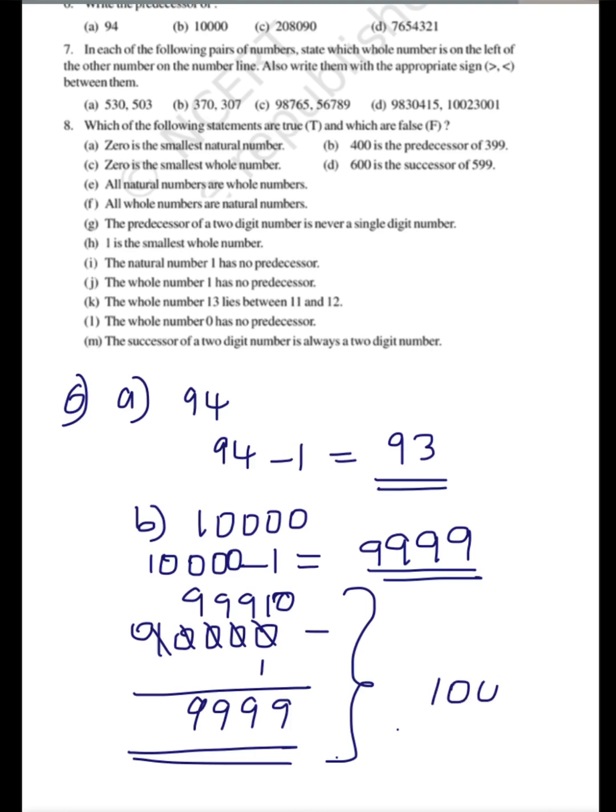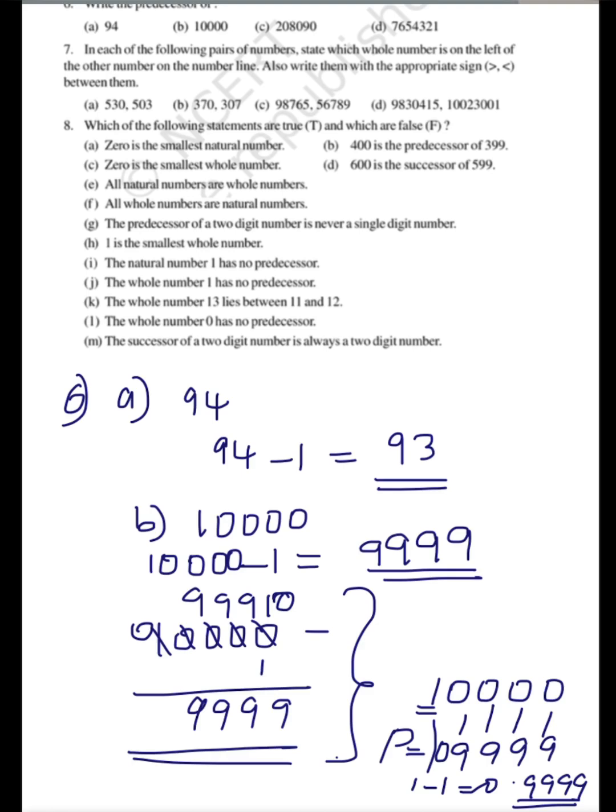How? You're asked to find the predecessor of 10,000, right? So in order to find the predecessor of 10,000, you need to just transform this 0 to 9, this to 9, this to 9. But what about this 1? 1 will be transformed as 1 minus 1, which is equal to 0. That means 9999. Understand?